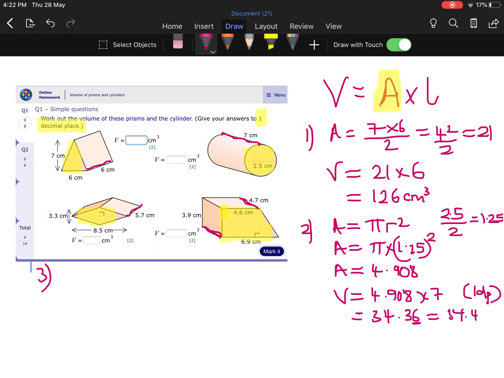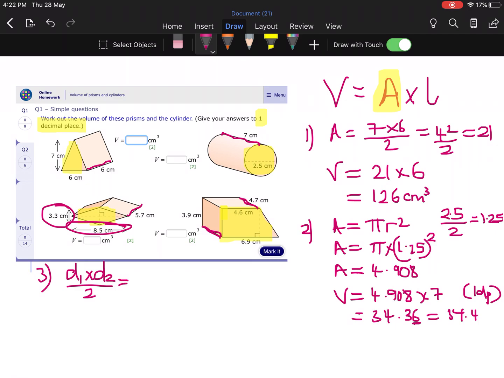So the formula for a kite is diagonal times diagonal. So when I mean diagonal, this is a diagonal and this is a diagonal. So diagonal 1 times diagonal 2 divided by 2. That's going to give you the area of a kite.